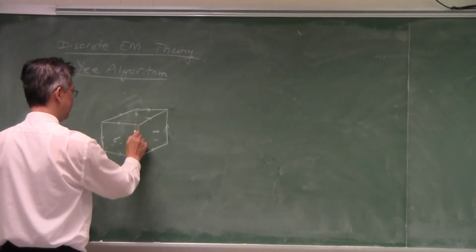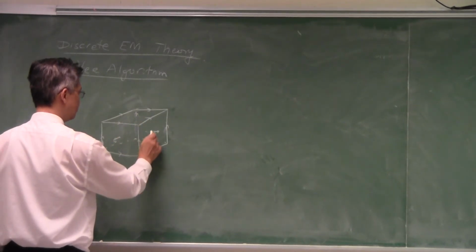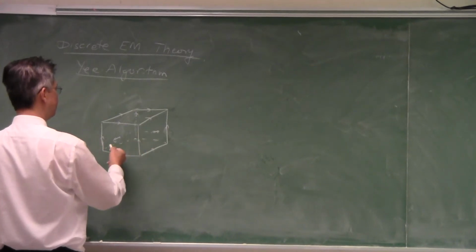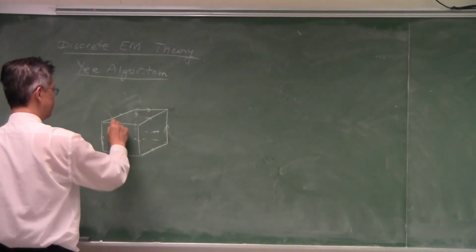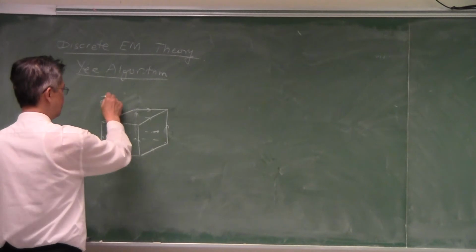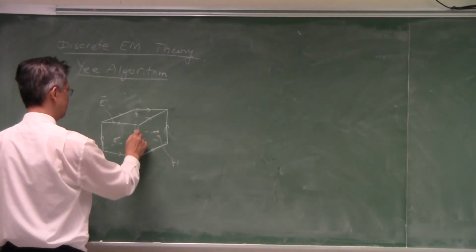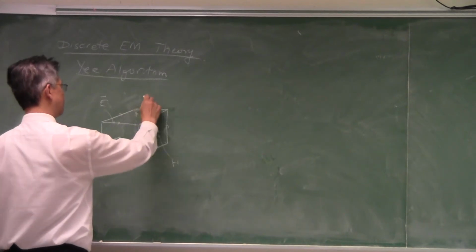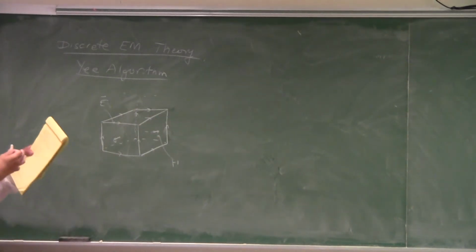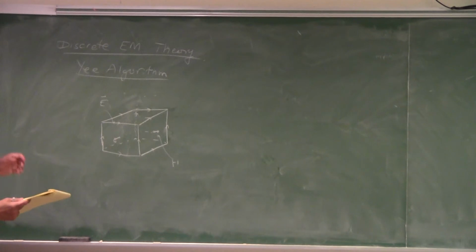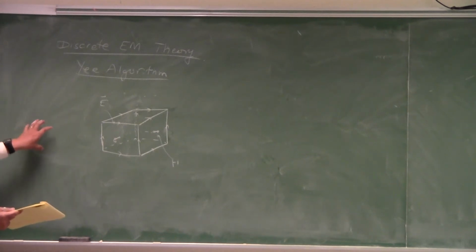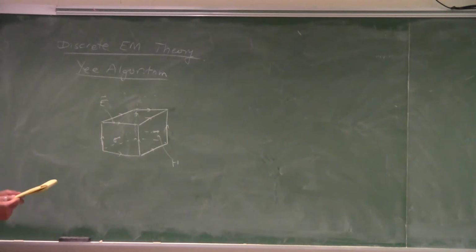And then we connect the magnetic field grids. Okay, they also form a rectilinear grid. So this is where the E field is. And this is where the H field is. So you can think of the staggered grid, okay? 2 of them interlaced with each other. And it turns out that you can write down a very nice electromagnetic theory on the lattice that is actually quite elegant.